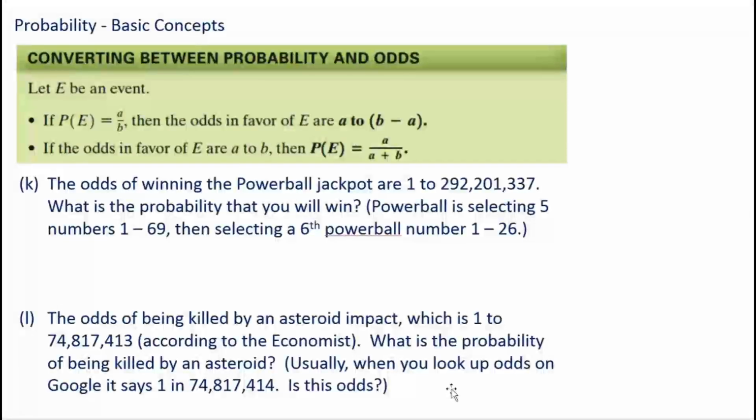In Powerball, you select 5 numbers, 1 through 69, and then you select a 6th number completely separate, that's 1 through 26. And then if you get all those right, then you earn a whole lot of money, at least $40 million.